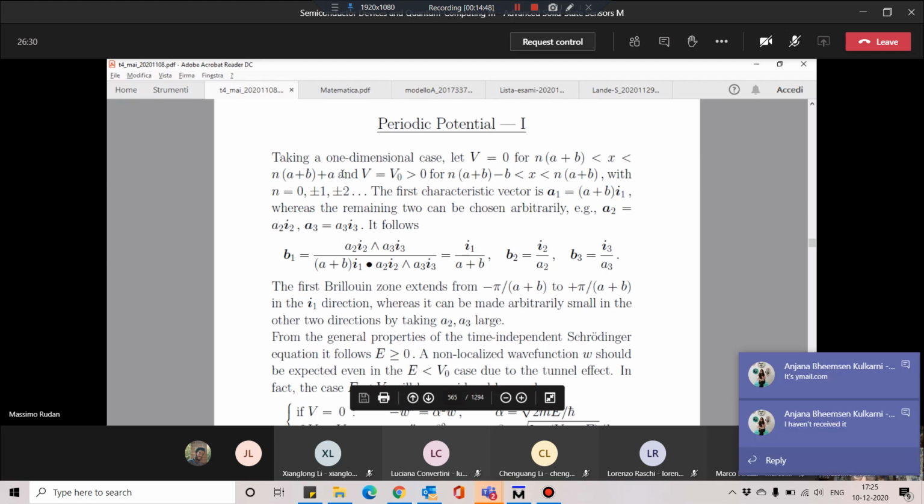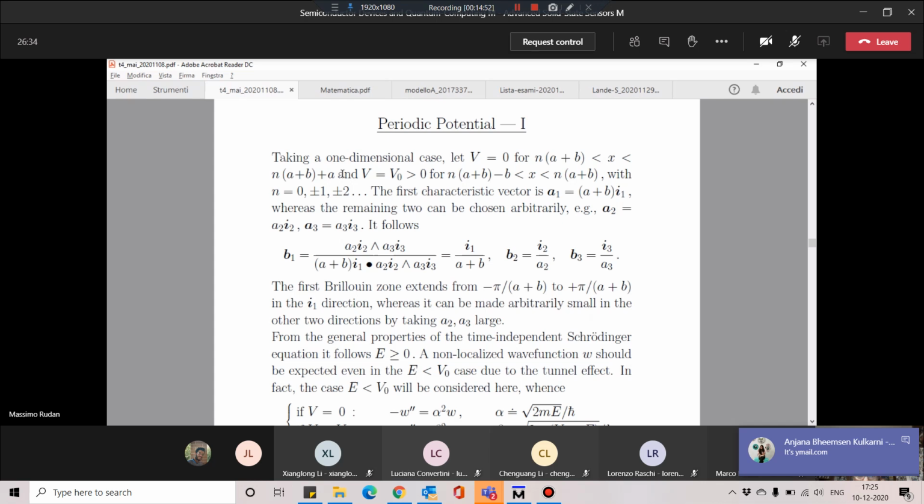Now we have to calculate the characteristic vectors of the direct lattice and those of the reciprocal lattice.